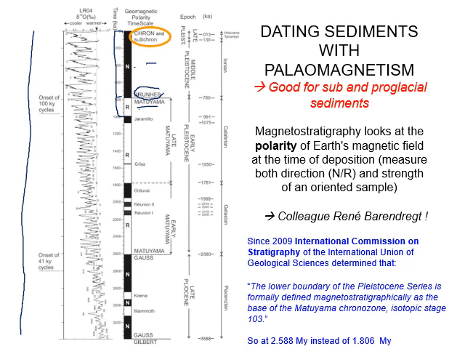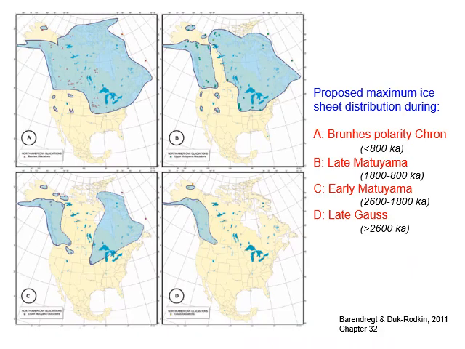So if you date a till, you may want to know whether it's of the last glaciation or one of the glaciations before. So you take samples of the different levels of the till and you see what the sequence is in the magnetostratigraphy.